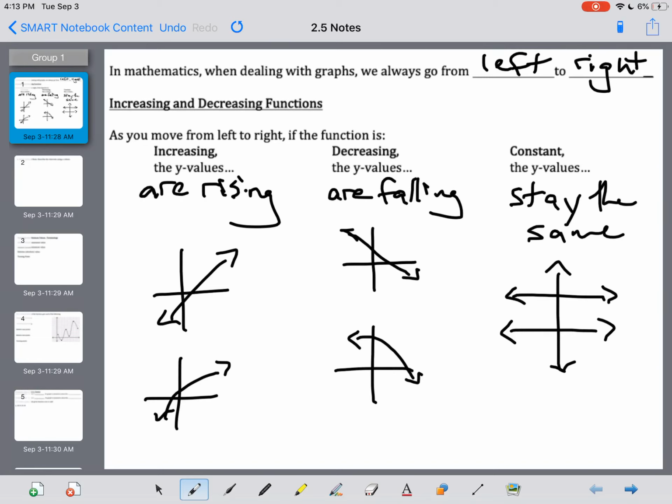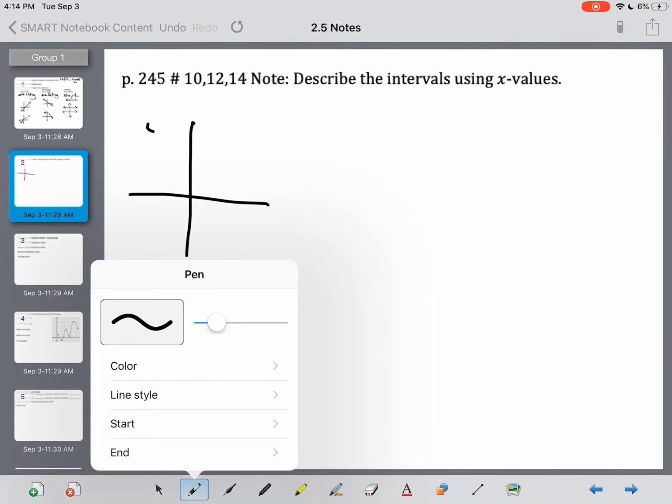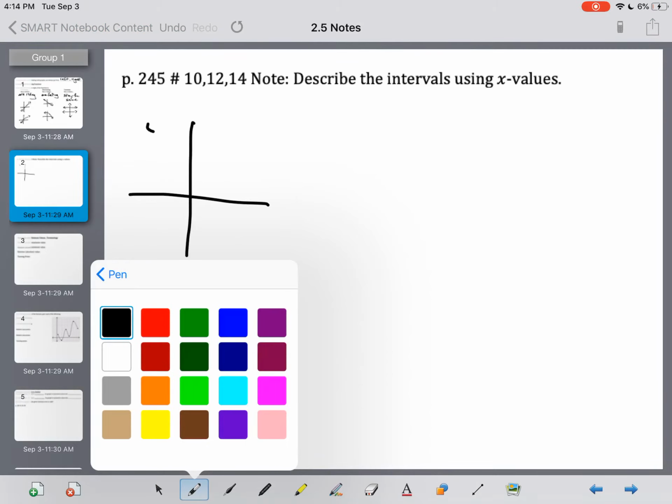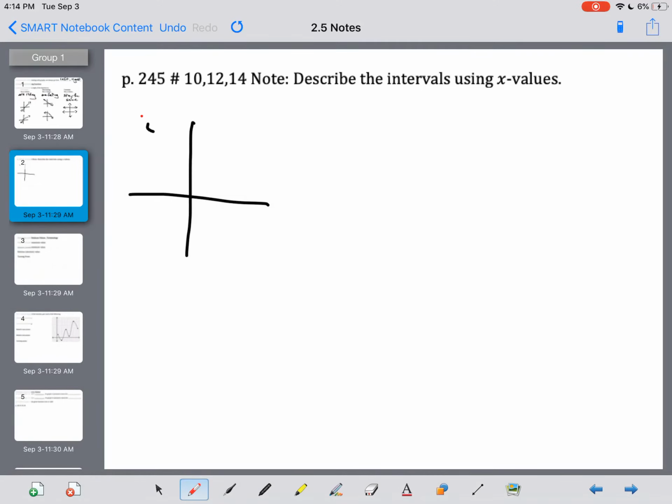All right, so on your notes, it says to look at a few examples out of the book. So I'll just sketch those here. On number 10, we just have a linear function, I'll do it in a different color, that looks something like this.